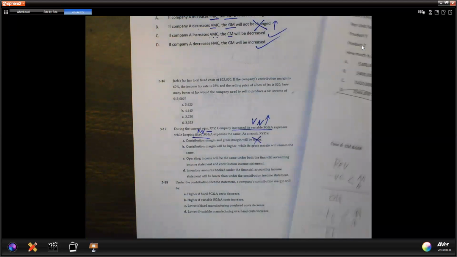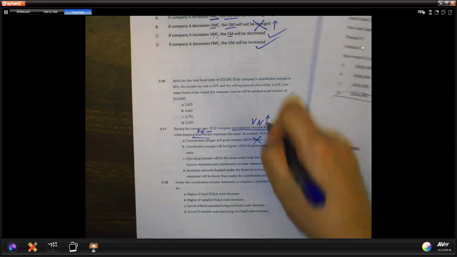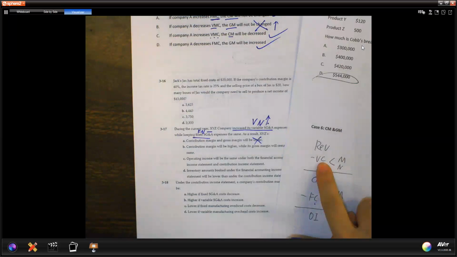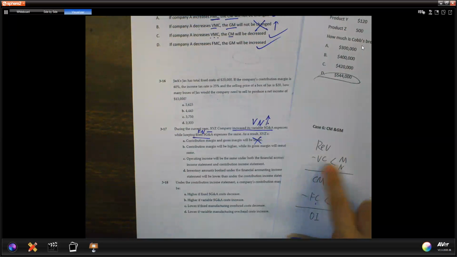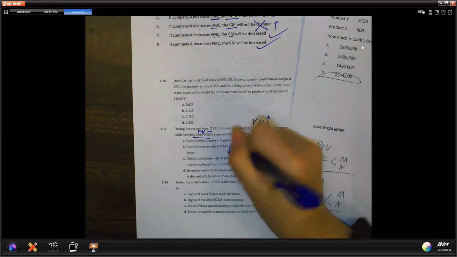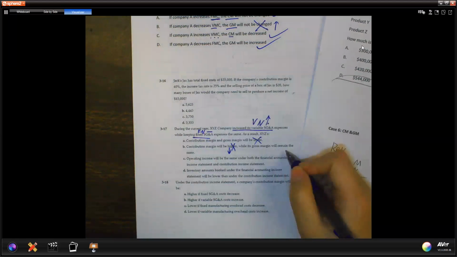Contribution margin will be higher? But you increased your variable cost, so your contribution margin will be lower, right? Contribution margin and the gross margin will remain the same? This is right. Operating income will be the same under this and that.